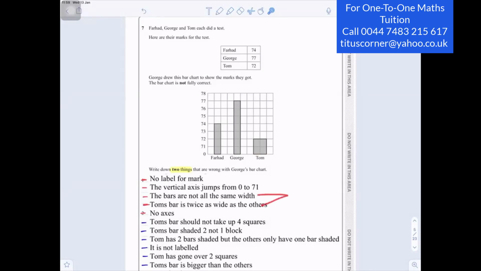These 2 are a similar thing. Or another reason, there's no axis, or Tom's bar should not take up 4 squares. So those are some of the reasons you can put, and you pick 2 of them and you get the mark.